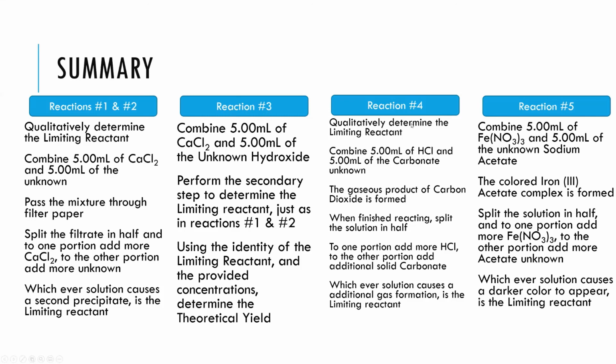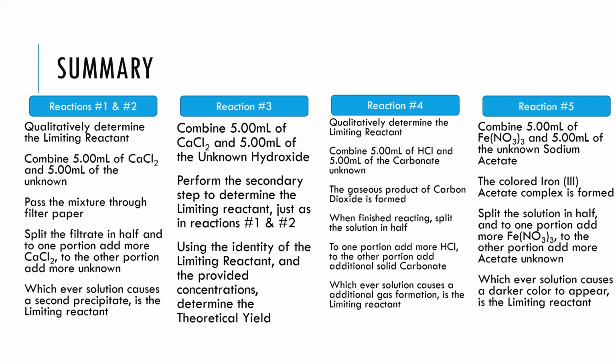The fourth reaction is no longer looking at a precipitation, but gas formation. You're looking at bubbling of carbon dioxide. This, again, is a qualitative experiment. You're just looking, what is the limiting reactant? You're combining your same carbonate unknown with some hydrochloric acid, looking at those carbon dioxide bubbles form, and then splitting that solution in half.